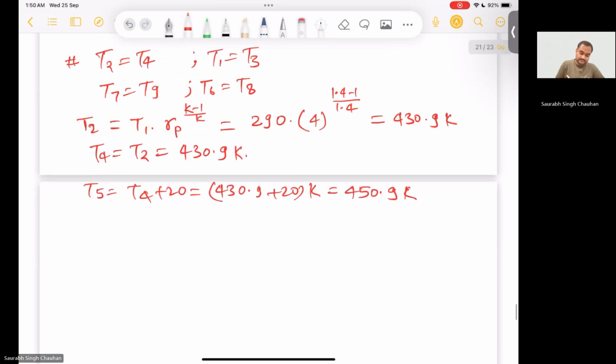Now from 5 to 6 there is heat addition in the combustion chamber.